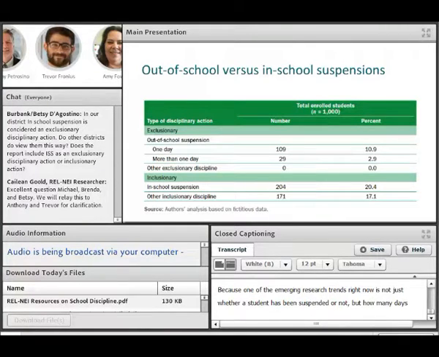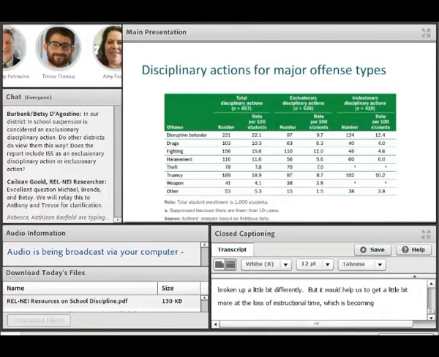And so we get into the number of days a student has been suspended. This table presents the results of analysis that would help you get a little bit more refined. And of course, instead of 1 day and more than 1 day, it could be 1 day, 2 days, 3 days, and 4 or more days. It could be broken up a little bit differently. But it would help us get a little bit more at the loss of instructional time, which is becoming a key factor in research.